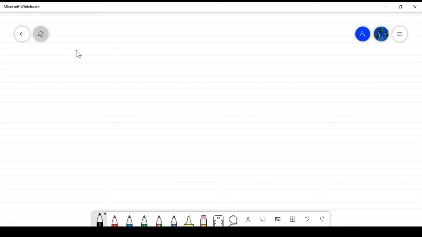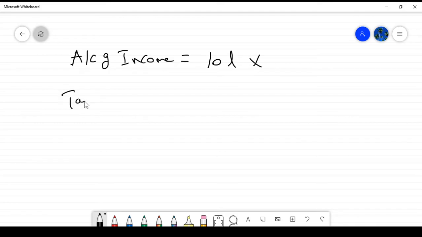Accounting income, how much? 10 lakh. Taxable income, how much?